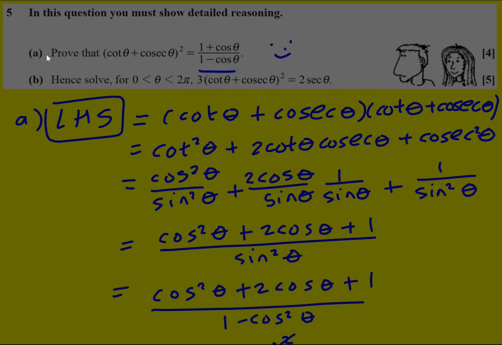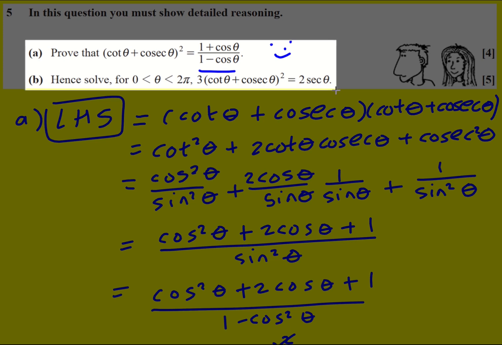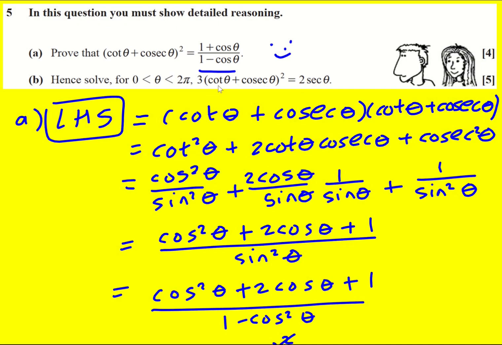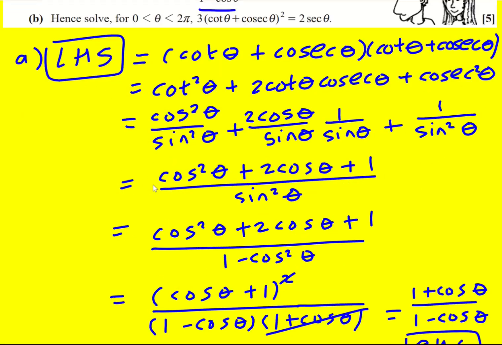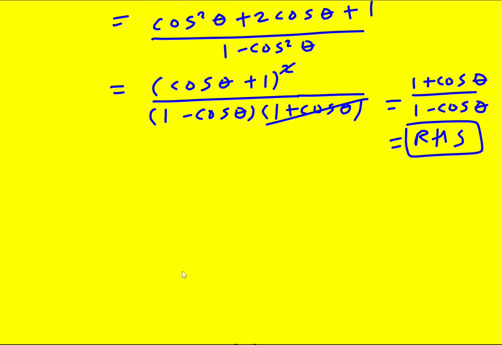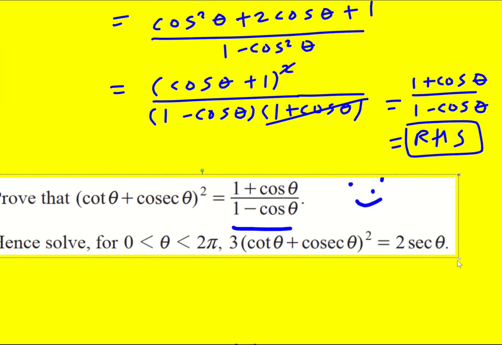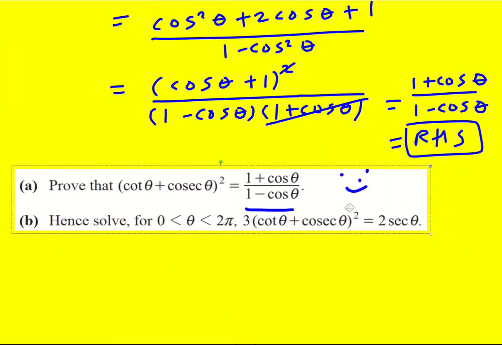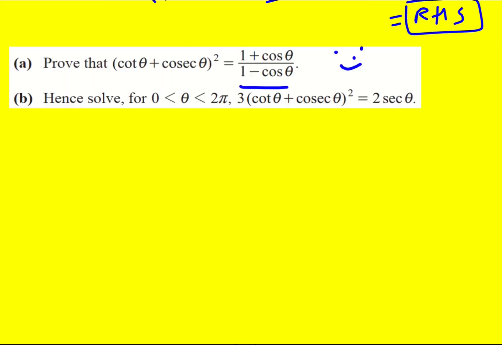Second part is then saying hence solve this equation. So that means use part A to help you, and also remember we're working in radians. Okay, now we've just shown that this whole thing is 1 plus cos theta over 1 minus cos theta.